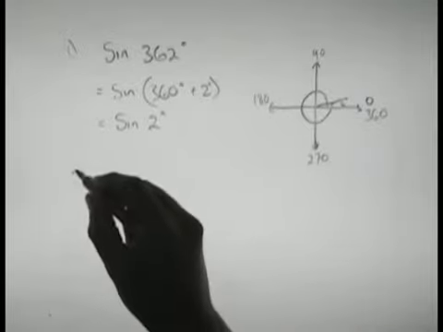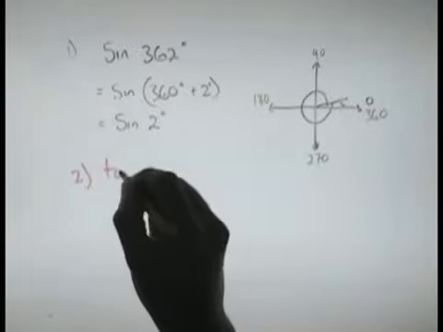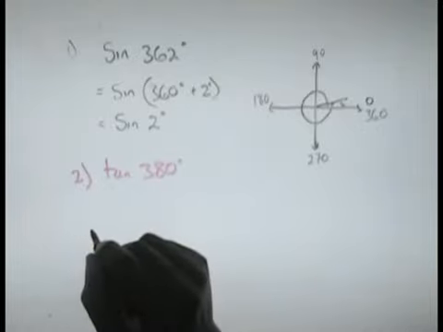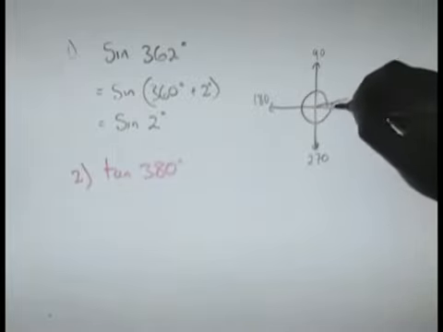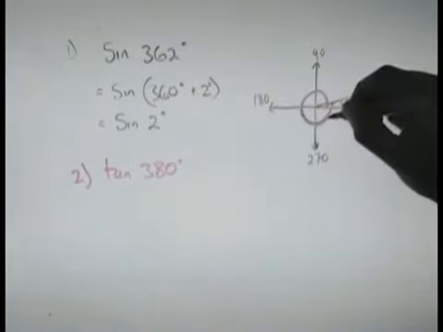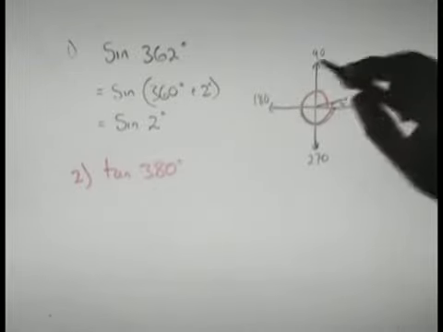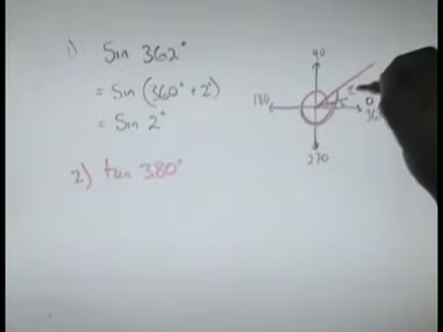The next one that we're looking at is tan of 380 degrees. Now tan of 380 degrees, again, start off at 0, 90, 180, 270, 360, and we need to go to 380, which is 20 degrees more than 360.